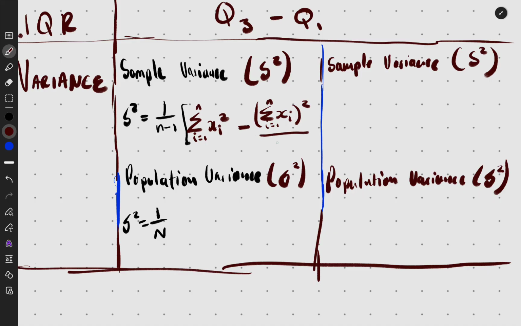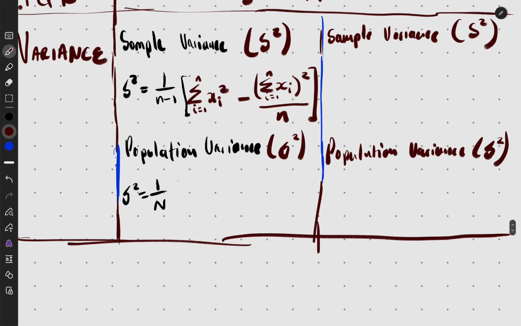But this one should always be over n. So it's 1 over n, the summation from 1 to n of x squared, minus the summation from 1 to n of xi, all squared, divided by n.